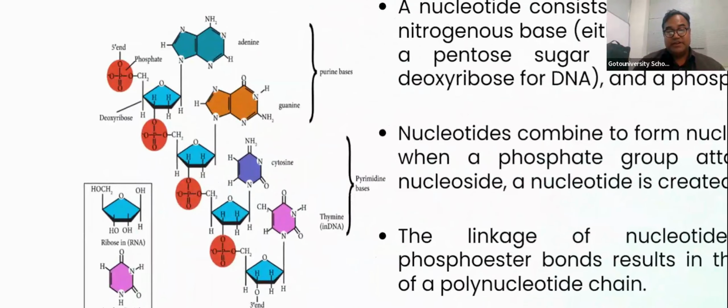Sigma factor, factor Y, always starts the initiation process. So obviously option C will be the correct answer: X is the promoter, Y is the sigma factor, and Z denotes the RNA polymerase.